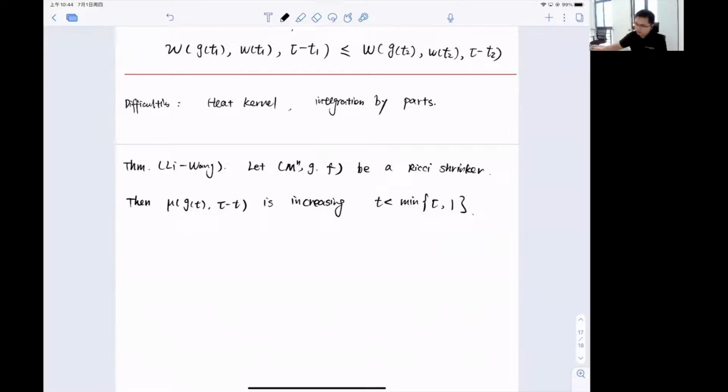Now, both can be achieved by constructing a nice family of cutoff functions. Then we can transform the problems of non-compact manifold to compact manifold. So the key point here is to construct a family of cutoff functions.